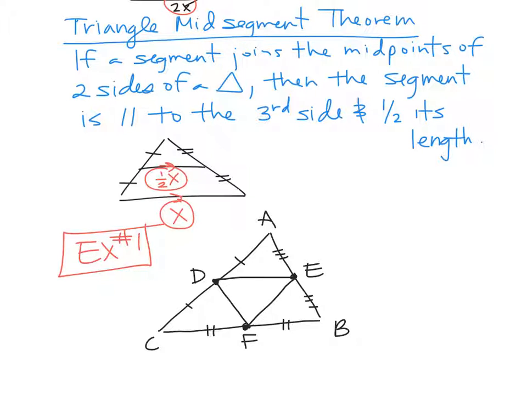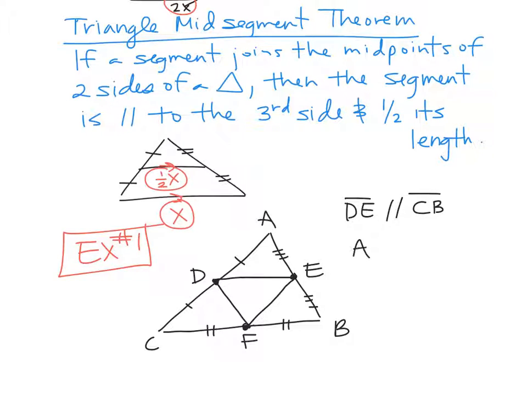I want to know which segments are parallel. What's parallel to DE? You could say CB, you could technically say CF or FB, but we'll say the whole thing. So CB would be parallel to DE.